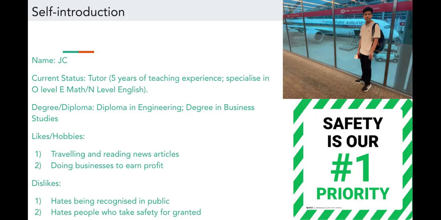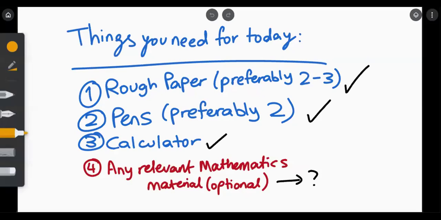Today we're going to get started with day 2 revision, but before that, I need you all to have the following items: your rough paper, your pens, and your calculator.